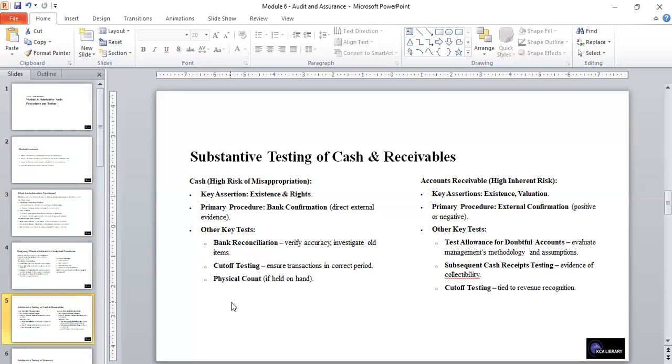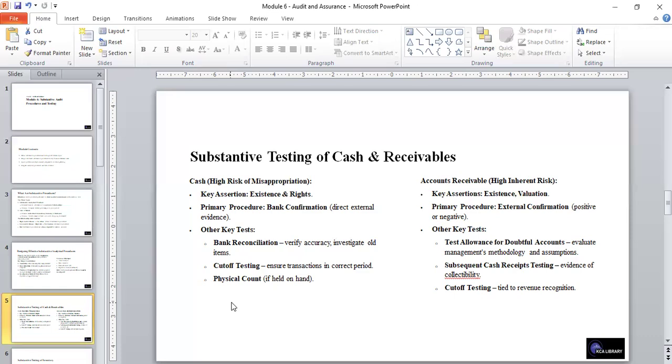Under accounts receivable, talking about the high inherent risk, the key assertions are existence and valuation. The primary procedure is external confirmation, which can be positive or negative.